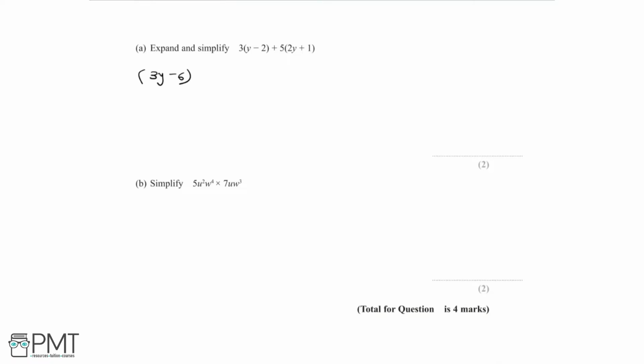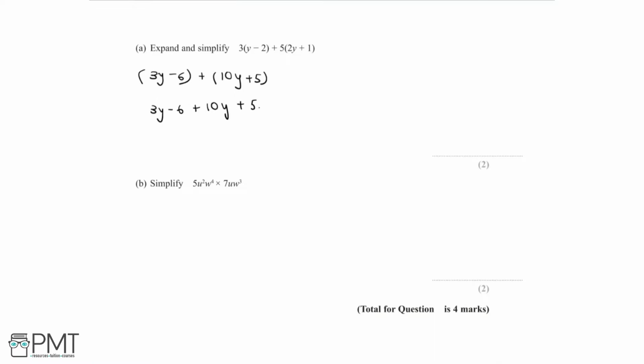Then we have plus 5 multiplied by (2y + 1), and doing the same thing again, 5 multiplied by 2y is equal to 10y, and 5 multiplied by +1 is equal to +5. And so then we have 3y - 6 + 10y + 5.